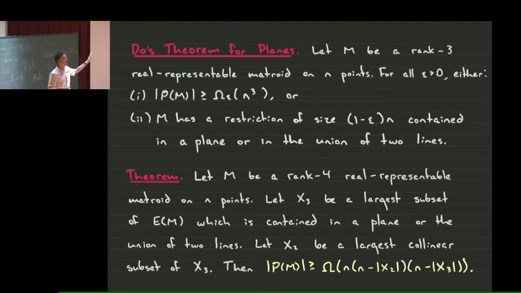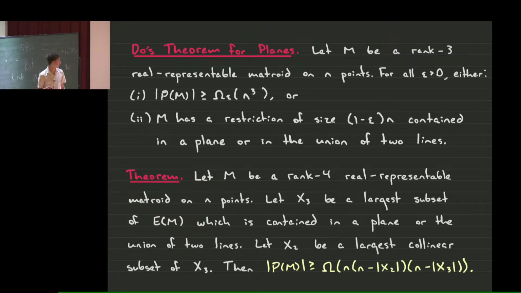Actually, what you want to notice is that right off the hop, Da's theorem gives you an incredible amount of structure. What it tells you is that you can just assume for whatever epsilon you like that a 1 minus epsilon fraction of your points are either coplanar or in the union of two lines, because otherwise we win.